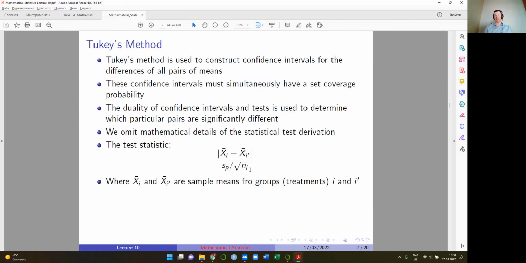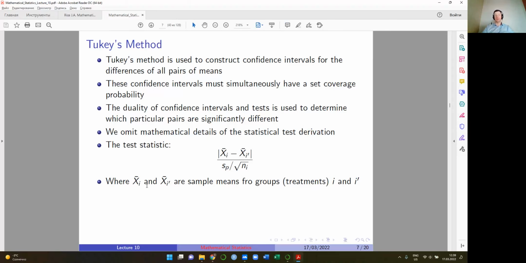Therefore, this n is going to be the same for i and i prime. This notation is a little bit slow, and that's why probably I will rework this later on. But ni is the size of this column, and we believe that this column must be equal for i and for i prime. So Tukey's method is applied only for equal sizes of every column.